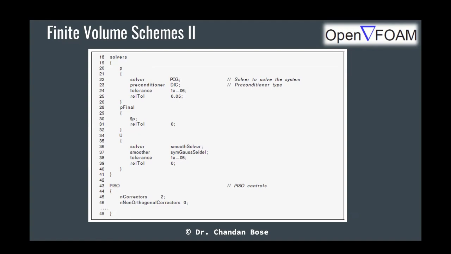When you are getting the solution, you have to write it in a file, right? So what type of file you want to write, whether binary or ASCII, and up to what significant digits. Depending on where you are doing the post processing, it depends on that. Some of the post processing tools prefer ASCII files. Some of them prefer binary files.